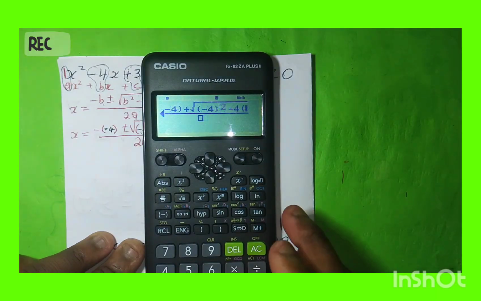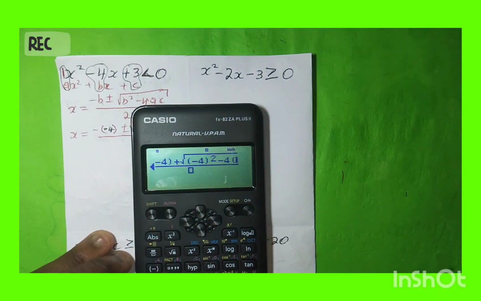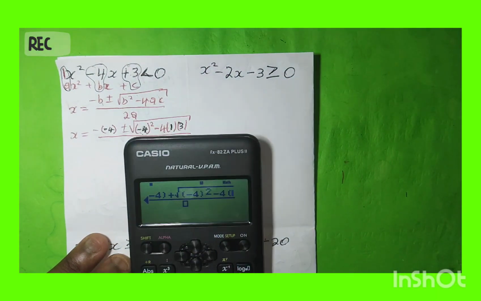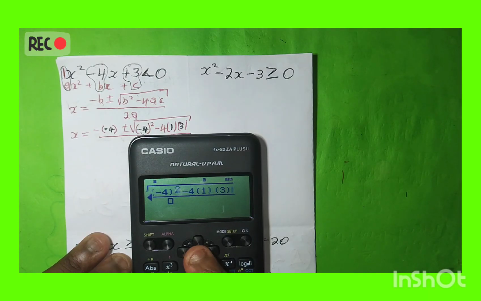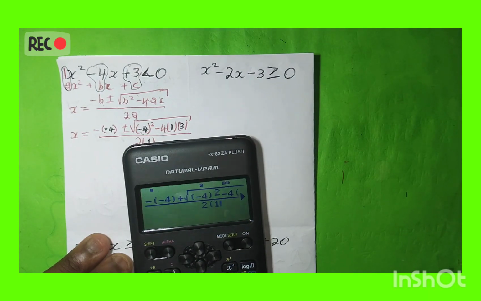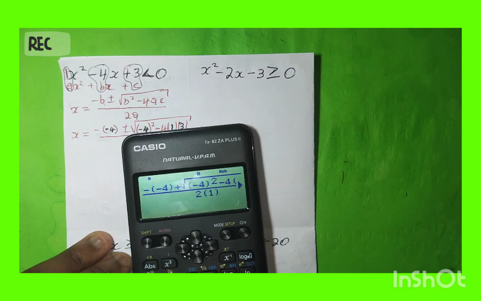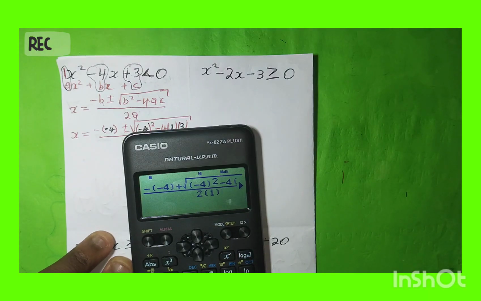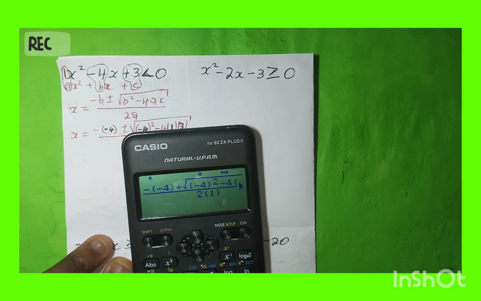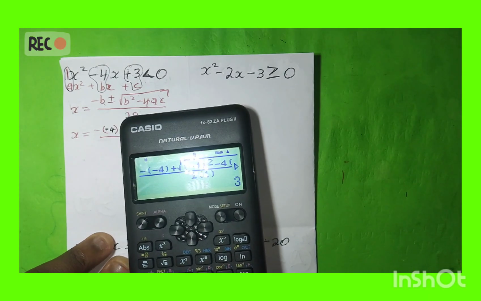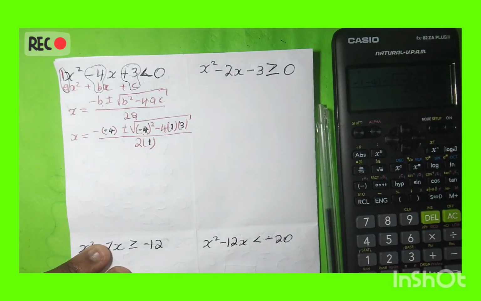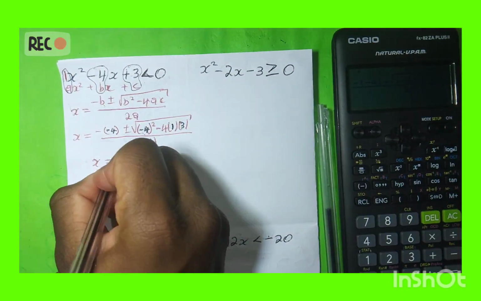You should be able to press your calculator now: here it's 1, here it's 3, and 2, and 1. If you don't know how to press your calculator, it will be better for you to view the previous lessons. Say equal. Do you see the answer that I got? It's 3. So the first answer I got is 3.